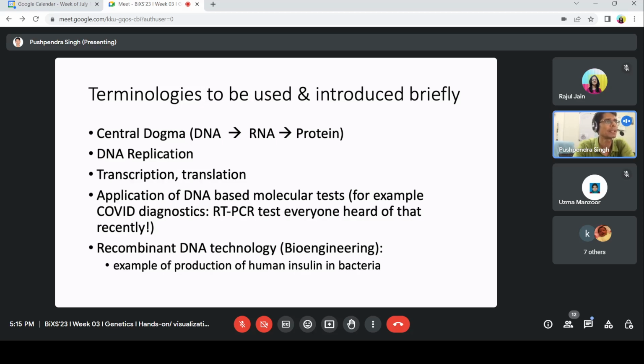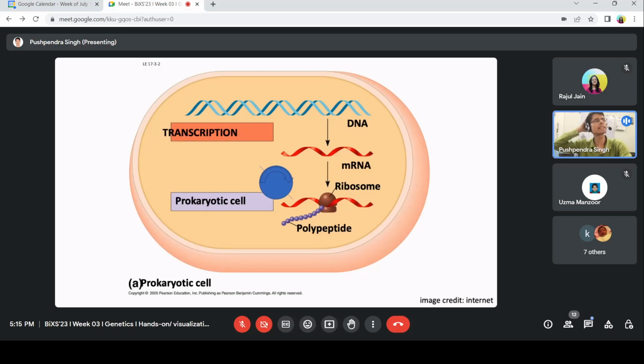So let's see what a very simple bacterial cell looks like. It has a cell wall and cell membrane on the outer side, and inside there is a cytoplasm.